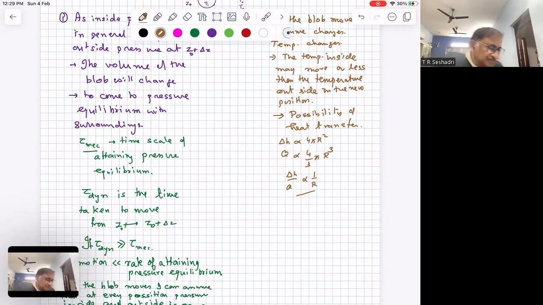So the larger the radius, the more inefficient the heat transfer. Suppose tau thermal is the time scale of heat transfer.